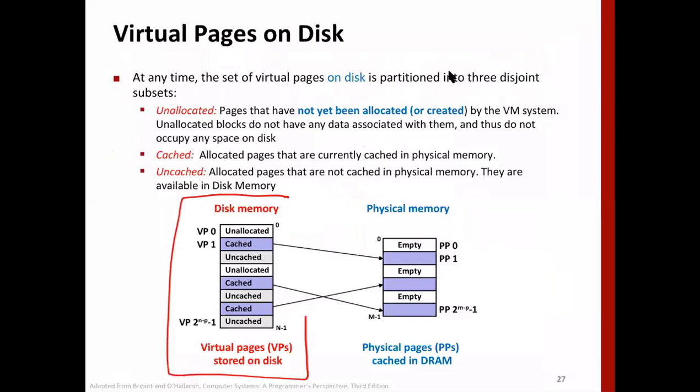Now look at this. This is a disk, and the OS creates on the disk exactly the same structure that we have seen for each process. So it has entries corresponding to the address space.